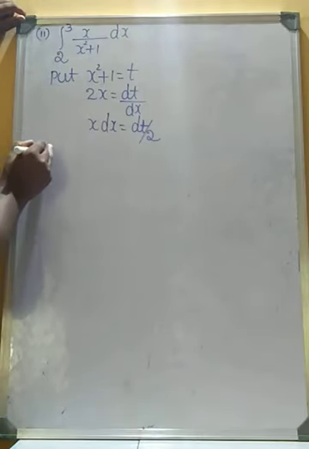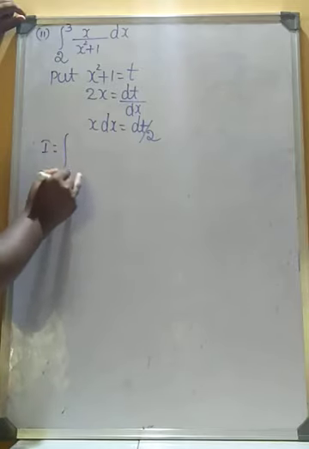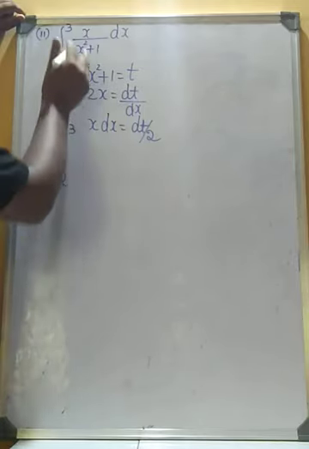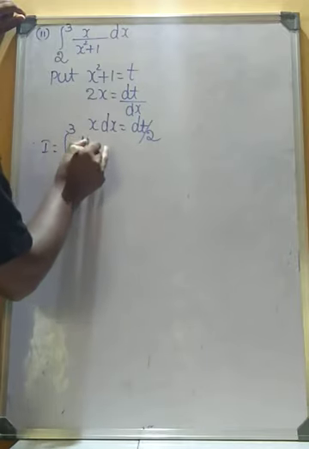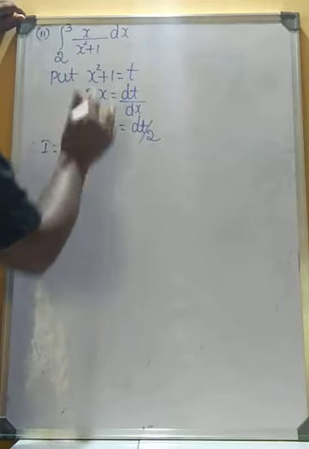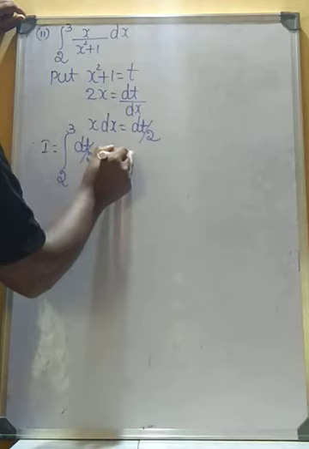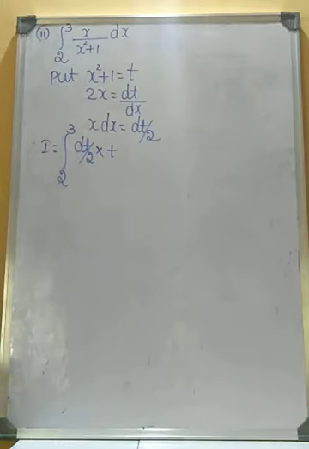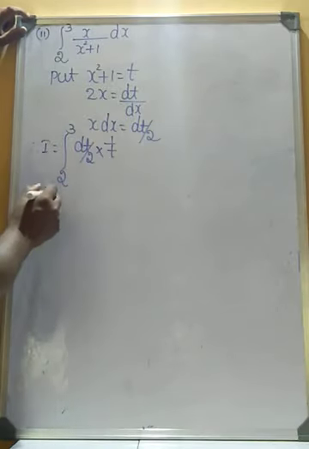So therefore, I equals integral from 2 to 3 of x into dx, that is dt by 2, into 1 by x square plus 1, that is t. That is 1 divided by t.